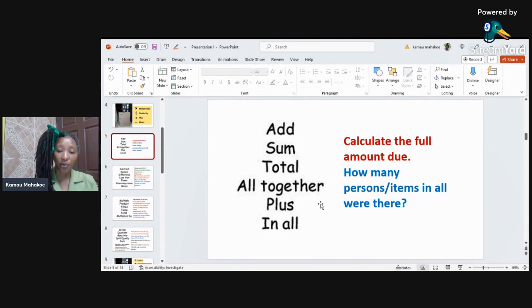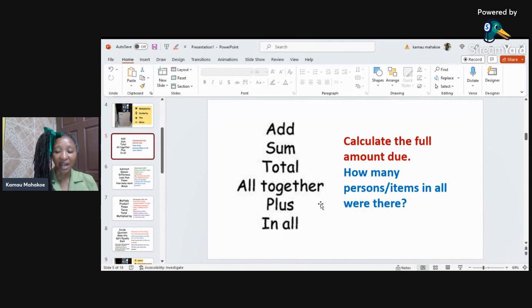If you hear the word add, or find the sum of, or what is the total, how many all together, this plus that, so this quantity plus that quantity, or how many in all, these are prompts to let you know that more than likely you're going to be adding.